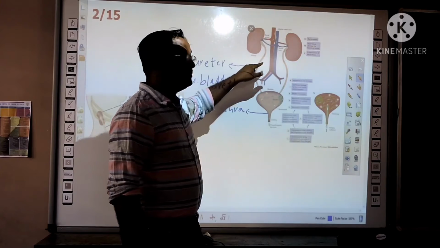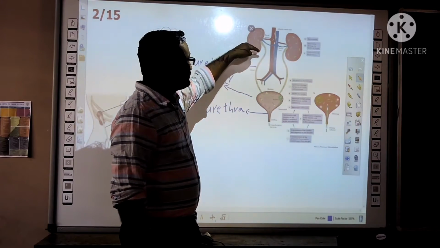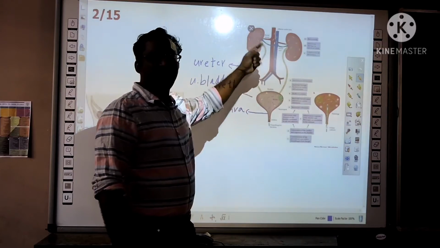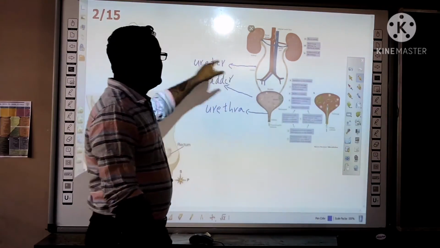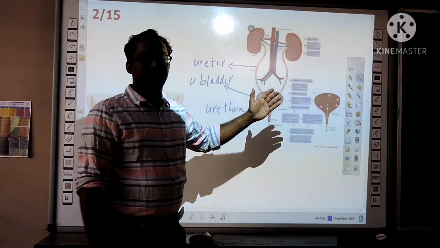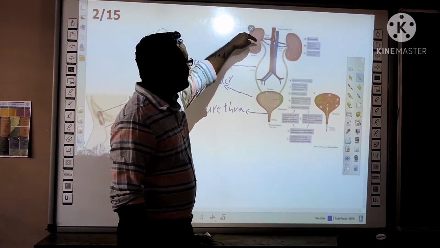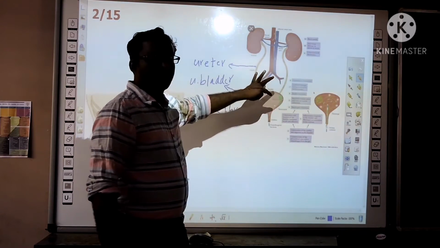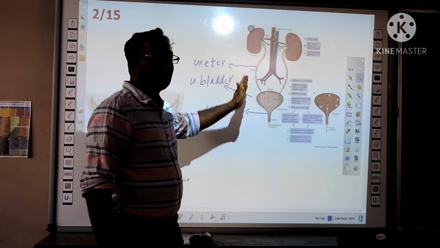The ureter is a long tube made of muscles, usually whitish in color, and usually 10 centimeters in length. Urine travels from the kidneys to the urinary bladder through the ureter. How does it travel?